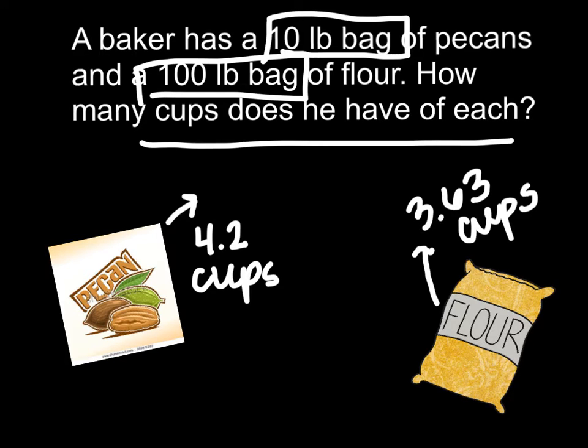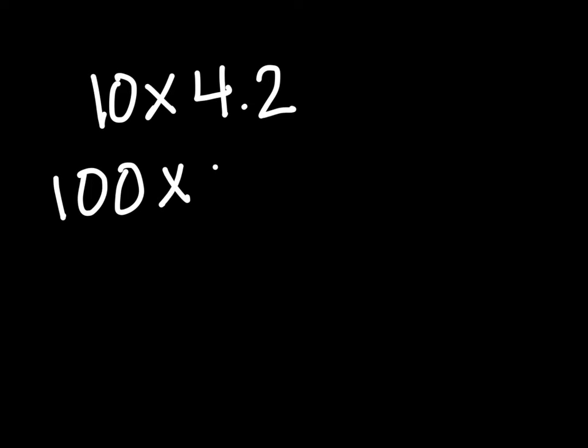So hopefully you've said to yourself, well, Mrs. Pickett, we need to multiply 10 times 4.2 and 100 times 3.63, because we have 10 pounds and 100 pounds and then however many cups are in each bag.